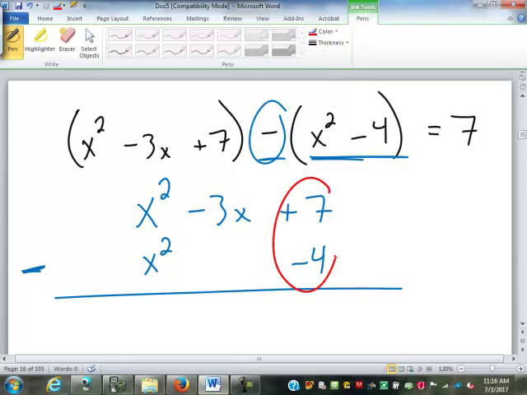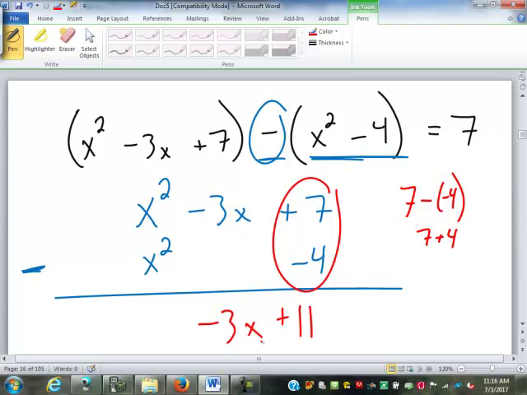So 7 minus a negative 4 is 7 plus 4, a positive 11. Good. Negative 3x minus nothing is negative 3x. x squared minus x squared? Nothing. It's gone. Cancels out. It's 0. So I've got negative 3x plus 11 equals 7.